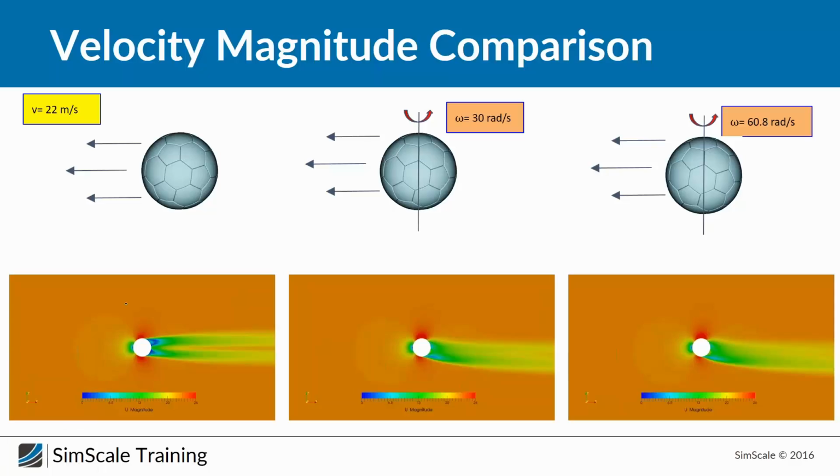This is the side, and what we can see basically is that we have a stagnation point here for sure in all the cases, and for the static simulation this stagnation point is exactly in the middle.